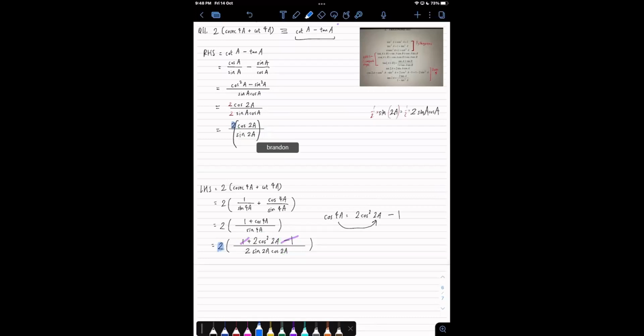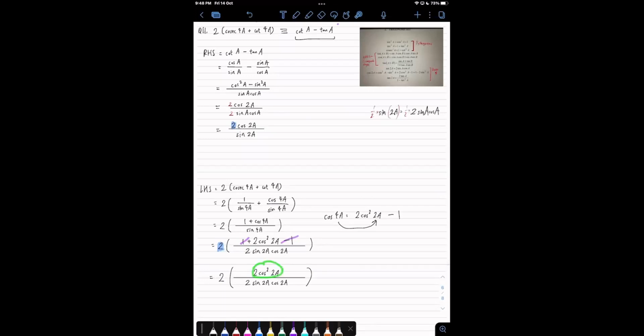Okay. Let's just clean up a bit. Maybe it's a bit confusing. After you cancel away, maybe if it's still messy, just rewrite it in the simpler format, like this. Bracket, bracket. Okay, times 2 in front. Right? Anything else to cancel?